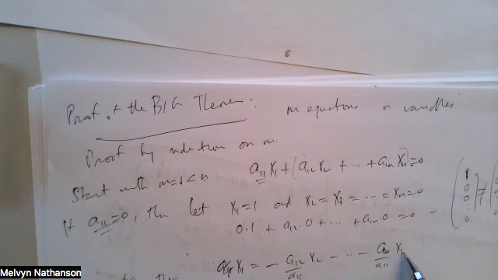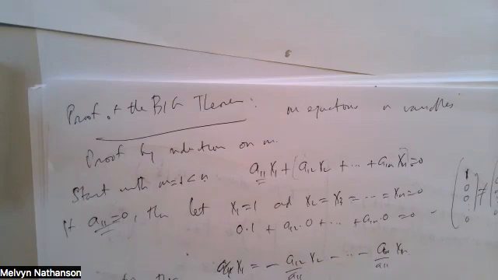So I have at least one variable here because n is at least 2. So no matter what values I pick for x2 up to xn, if I define x1 by this, I have a solution of the equation. So I can choose some non-zero value over here, and that determines x1.